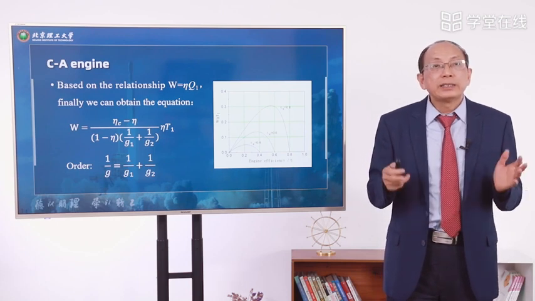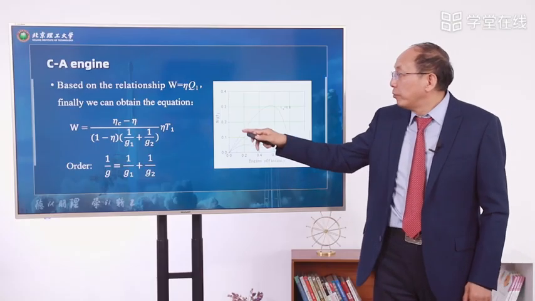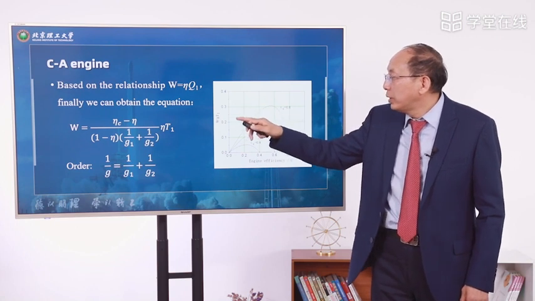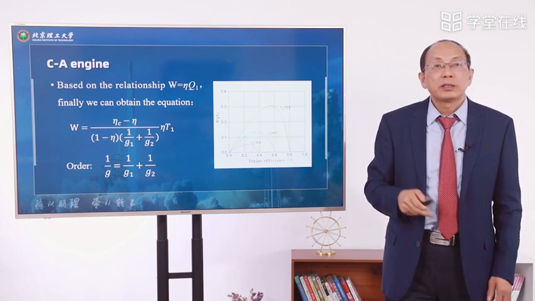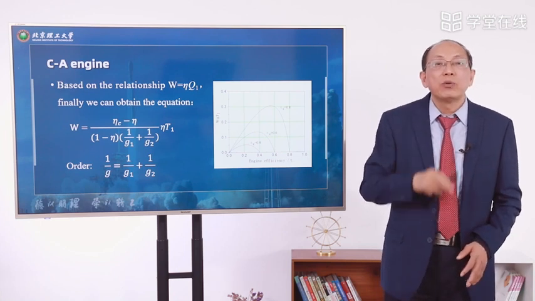Also, for the CA engine, based on the relationship W equals eta times Q1, finally we can obtain the work output. So W equals eta C, the Carnot efficiency, minus eta, this system efficiency, times eta T1 over 1 minus eta times G1 over G1, 1 over G1 plus 1 over G2.